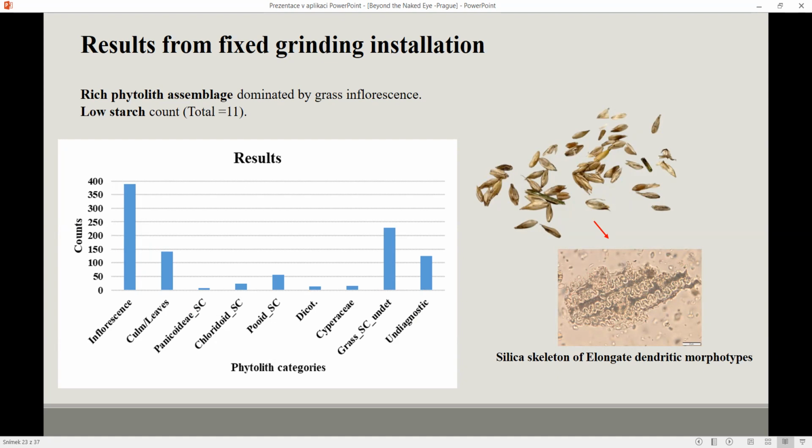This is already telling us that this artifact was indeed involved in plant processing activities. However, it was also surprising to see that we only recovered 11 starch grains, which is certainly low and unexpected considering the great evidence for plant processing activities that the phytoliths are already telling us. I will discuss this further later.